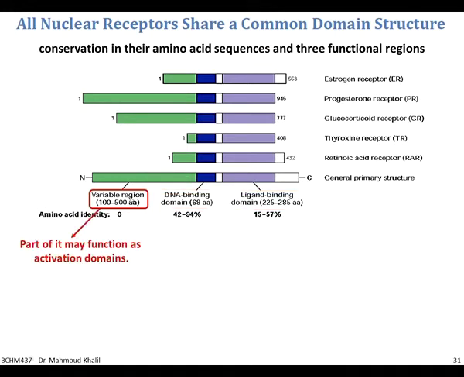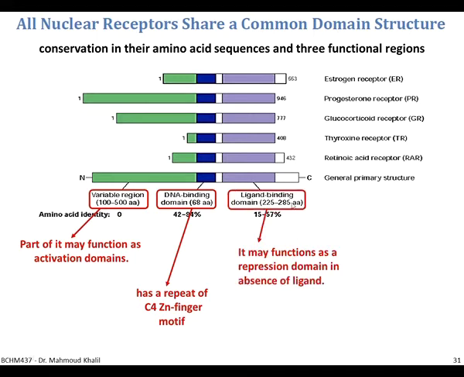Part of the variable region may function as an activation domain, so it activates the complex. The DNA binding domain has a repeat of the C4 zinc finger motif, and this enables the complex to bind to DNA.